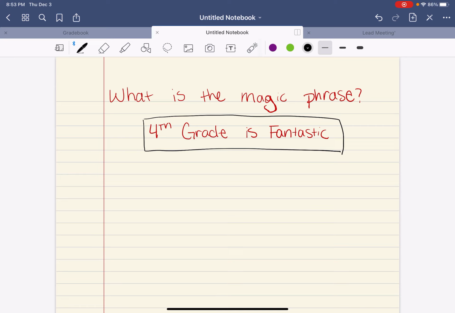Okay, if you uploaded it and then submitted it and it still didn't come up when you were looking at your work, you can always send it to me in my inbox in Canvas.